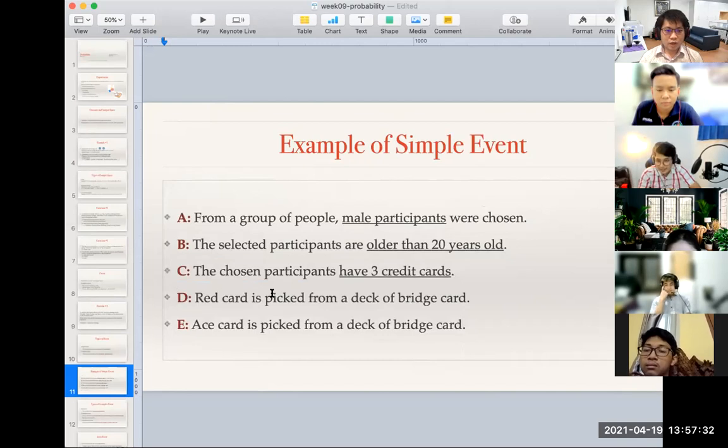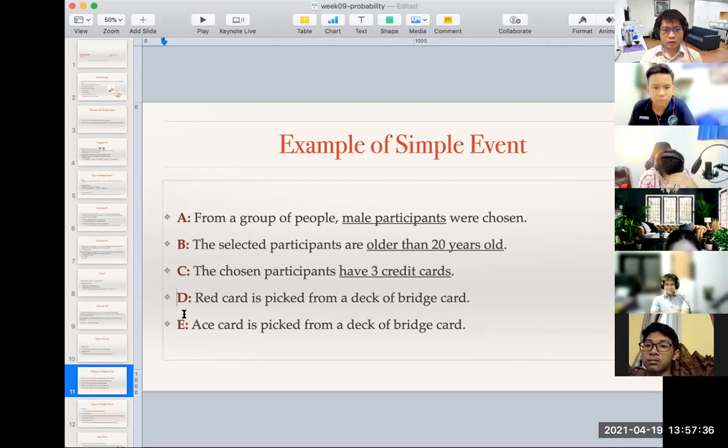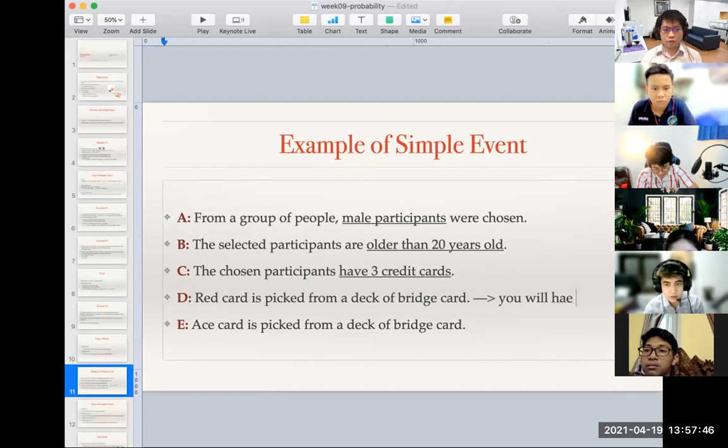Okay, so yeah, another red card is picked from a deck of bridge cards. Ace card is picked from a deck of bridge cards. So for the red card here, what does it mean? So we will have how many outcomes for these events? 26, sir. Correct. Thank you, Gabriel.